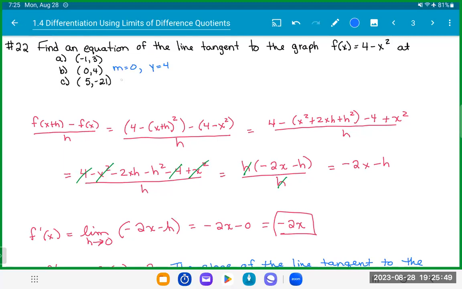And for this one, our slope is going to equal -10 and our equation is going to be -10x plus 29. Okay, so during break or this evening, before next class, before you work your homeworks, it might be beneficial to try and work through those, see if you get the same answer, just to have that little bit of practice.